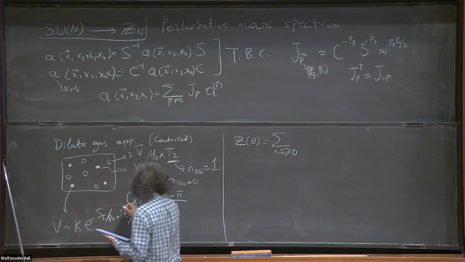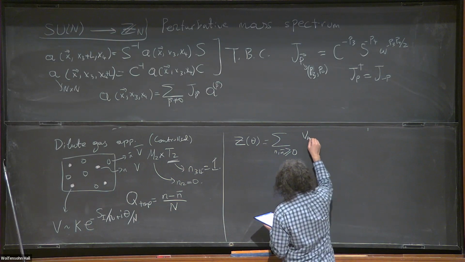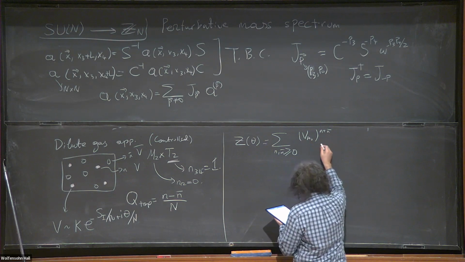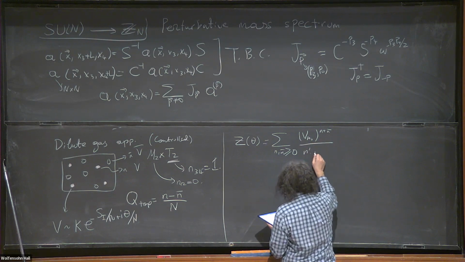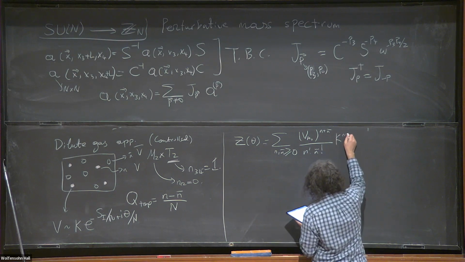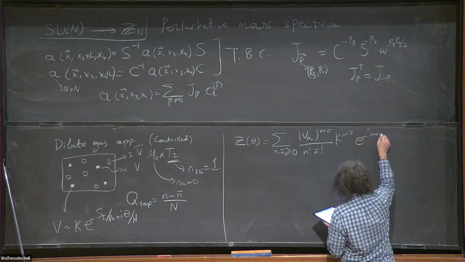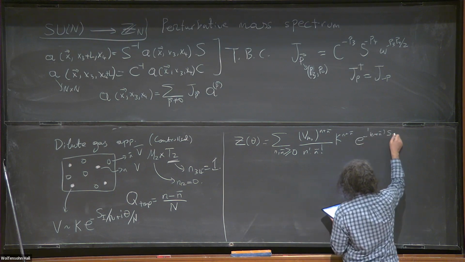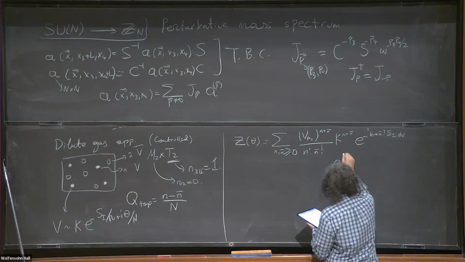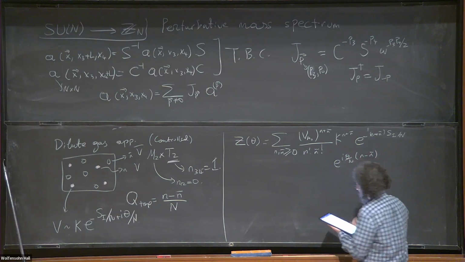Let me call the volume of this space, volume of M2 to the power n plus n bar, divided by n factorial, n bar factorial, K to the n plus n bar, exponential minus n plus n bar times the instanton action divided by N, plus the topological charge term, i theta over N, n minus n bar, okay?